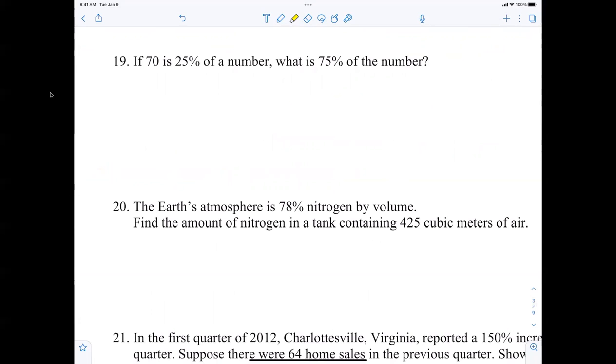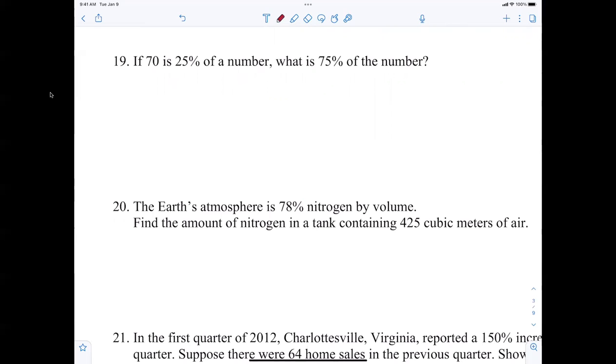You would do 70.25. No. There's two good ways of doing this. Everybody look up on the board. Ryan, what do you think would be a quick way to do this?